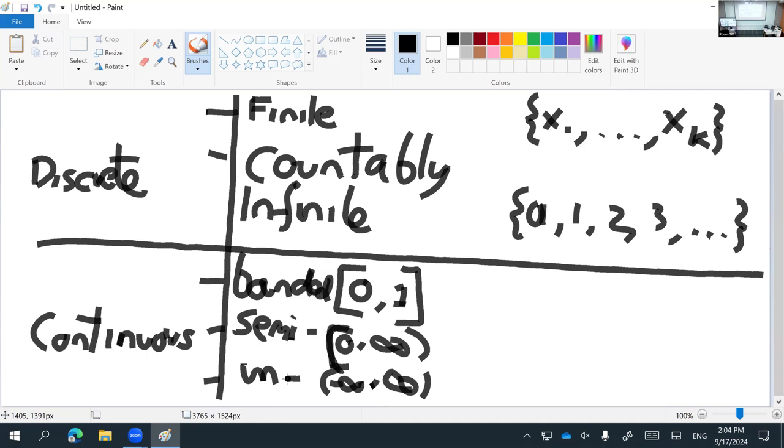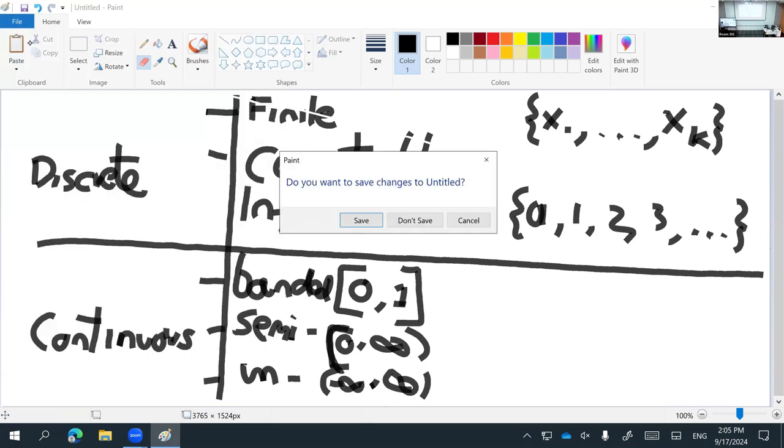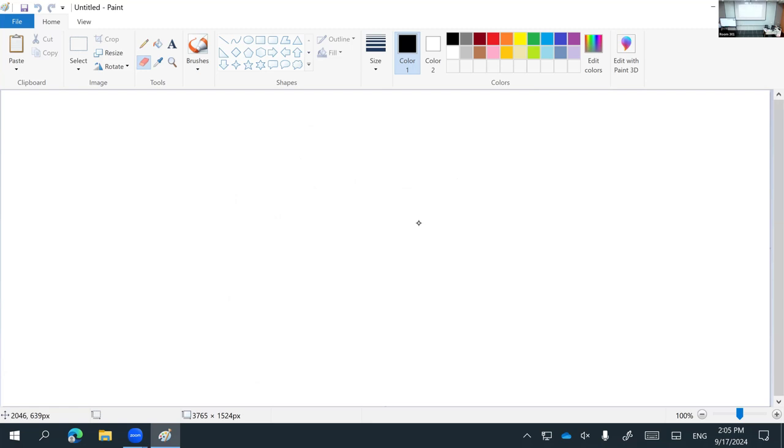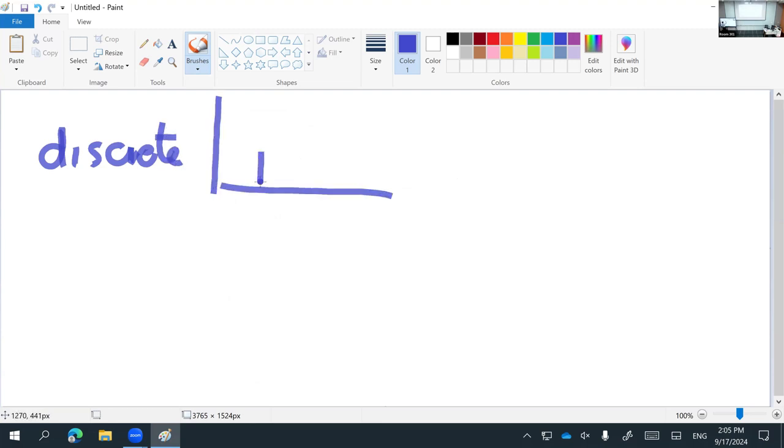What it means is that for discrete, your function looks like this.